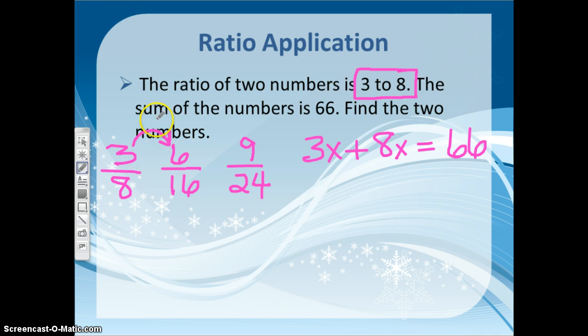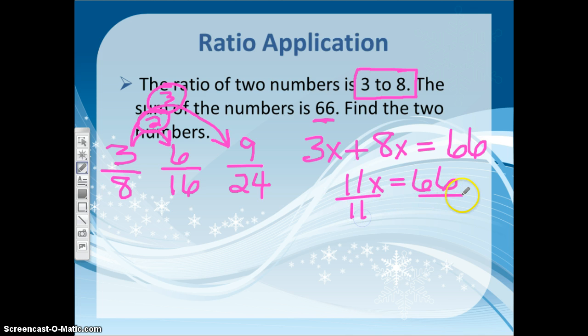Our multiplication factor here was 2. 3 times 2 equals 6, 8 times 2 equals 16. Our multiplication factor here was 3. 3 times 3 is 9, 3 times 8 is 24. By setting it up and thinking about it this way, what we're going to solve for is the multiplication factor. How many multiples of 3/8 will it take to get to 66? So let's try it. 3x plus 8x equals 11x.